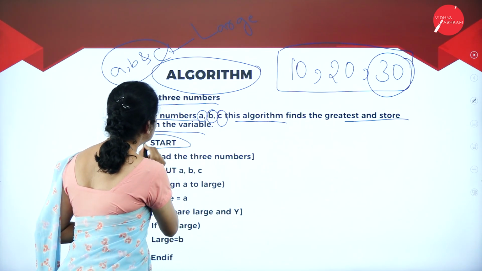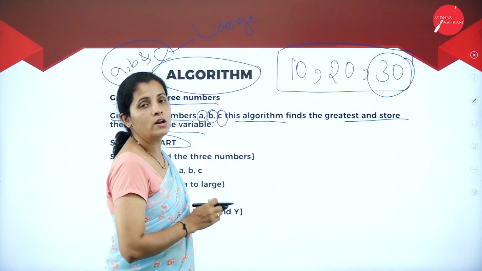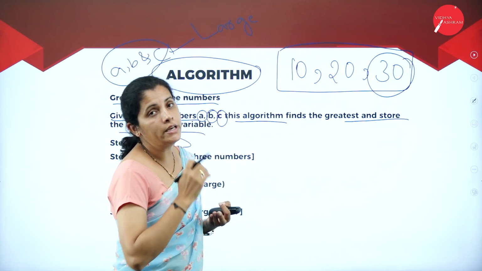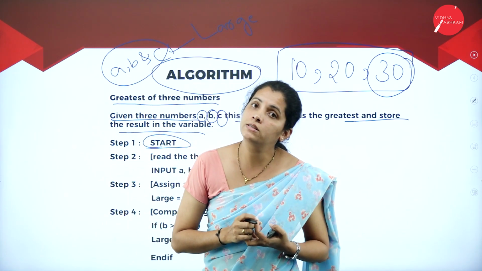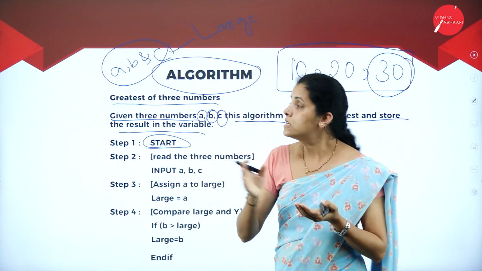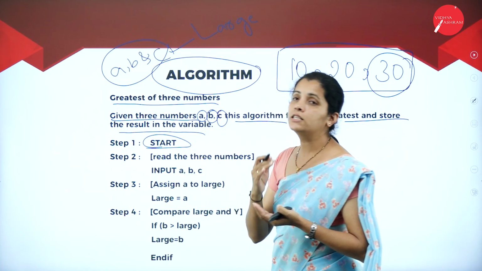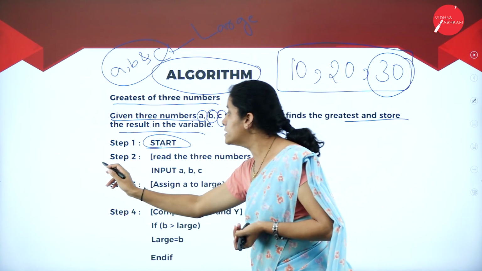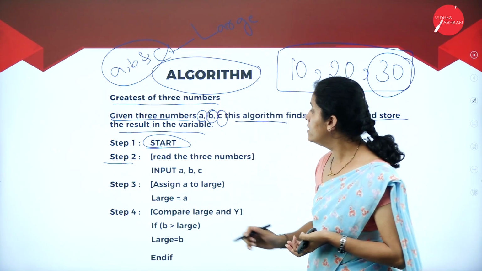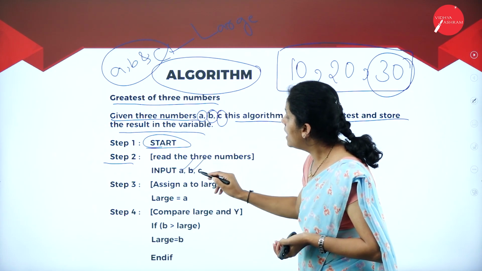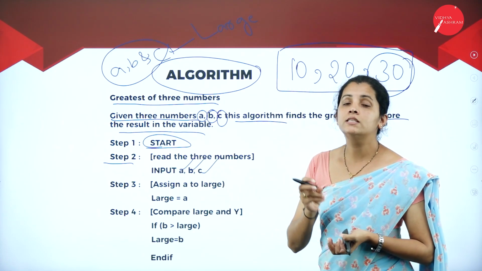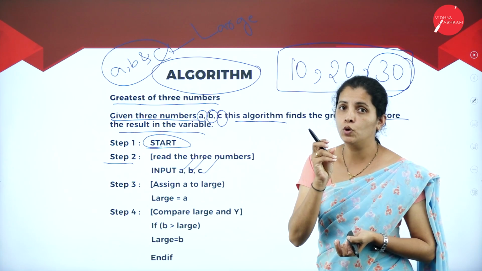That is start function, where I give the instruction to my computer system that this is the starting point of the algorithm. Then what is my next step? That is step 2. I'm going to read A, B and C, because these 3 are my input values.